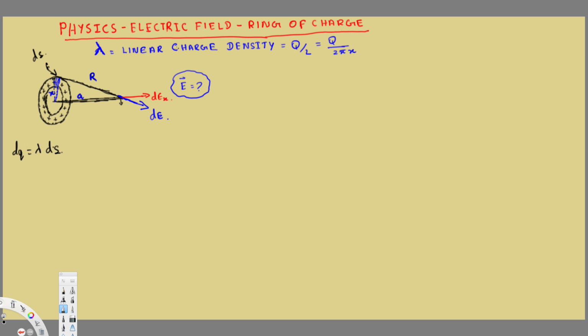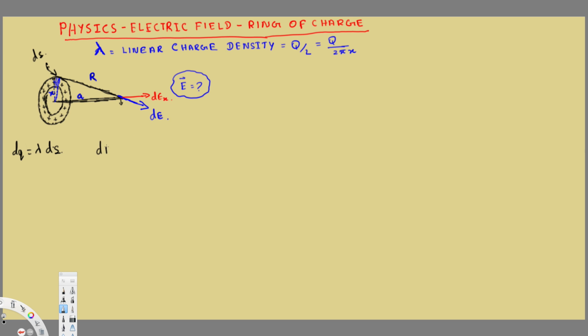Lambda is the linear charge density, multiplied by this small distance, and it gives us the small charge in this particular place. We have this electric field facing toward this direction, so let's form an equation for this one first.